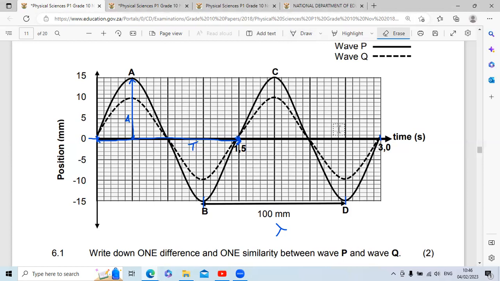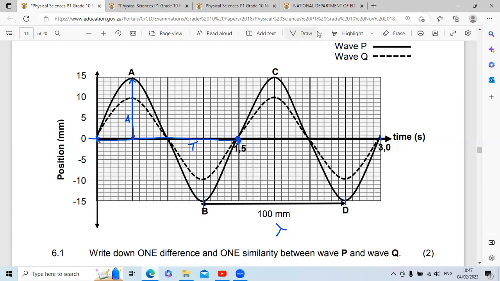It's different because wave A is positive, but wave B is negative. Oh, okay. I think you got something wrong there.